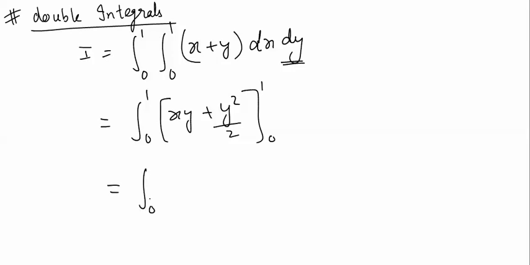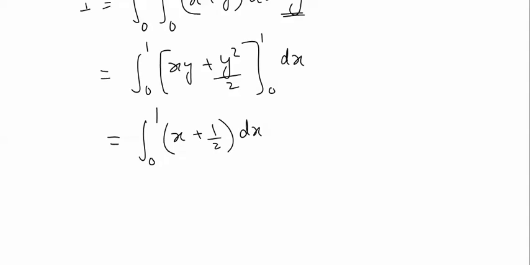This is nothing but integration 0 to 1. I'll put the limits on y, so it is (x plus 1 by 2) dx. Then integrating further, it will become x square by 2 plus x by 2, from 0 to 1.